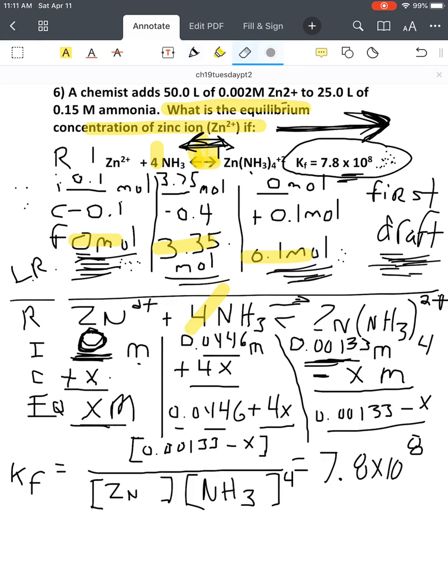Similarly, I don't know what the concentration of zinc is right now, but I'm going to find it in a few minutes. But I know that the molarity of zinc can be represented by my variable x in the mathematics. And likewise, I don't really know what the concentration of ammonia is at equilibrium, but my Rice table allowed me to project that the ammonia concentration should be equal to 0.0446 plus 4x.